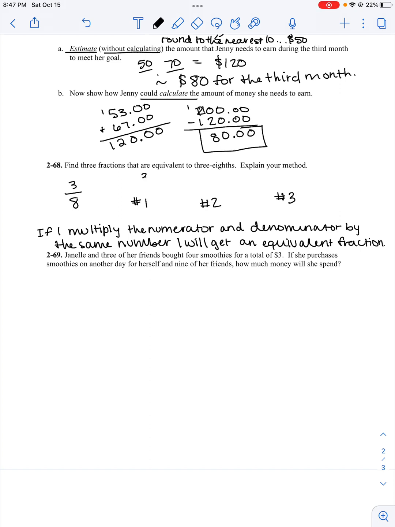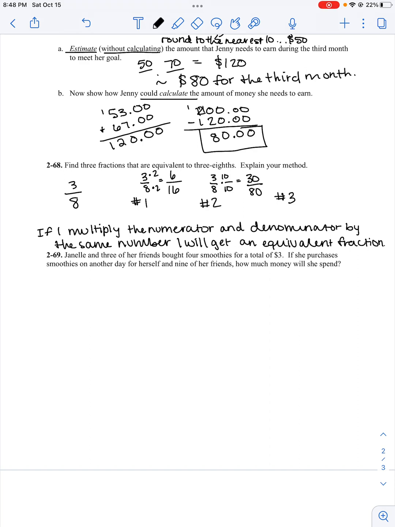Okay, now I have 3/8. What I mean by that is if I multiply 3 by 2 and 8 by 2, I'm going to get 3 times 2 is 6, 8 times 2 is 16. I'm going to get 6/16, which is equivalent. I could multiply the top and the bottom by 10.